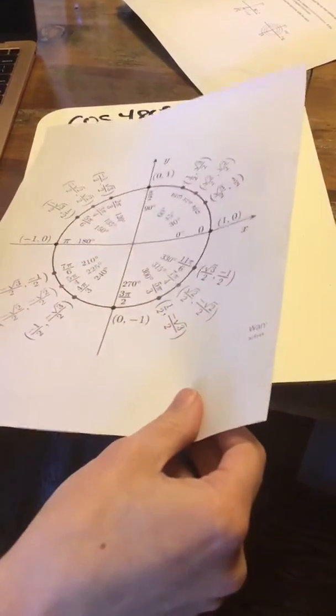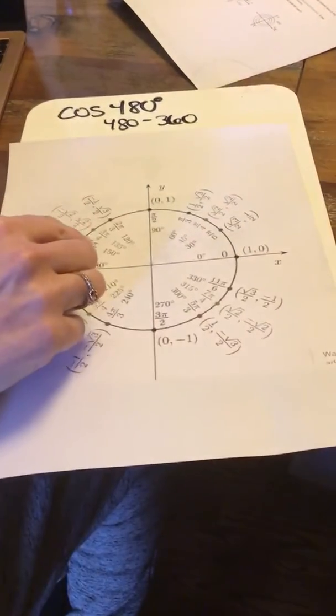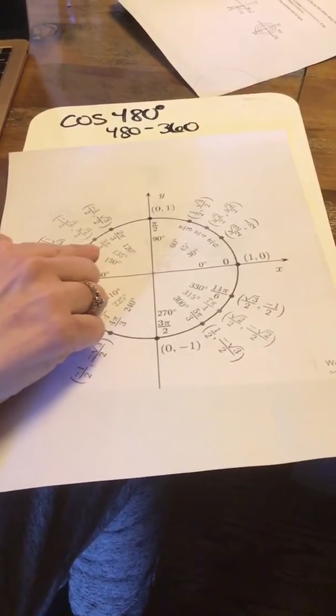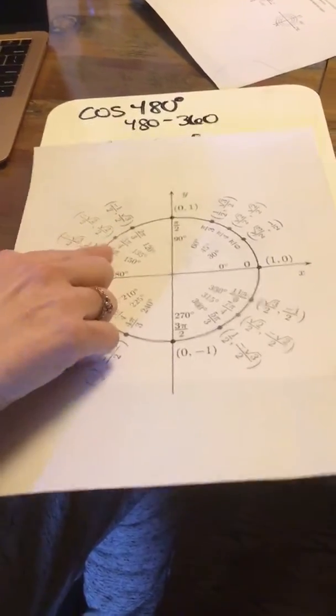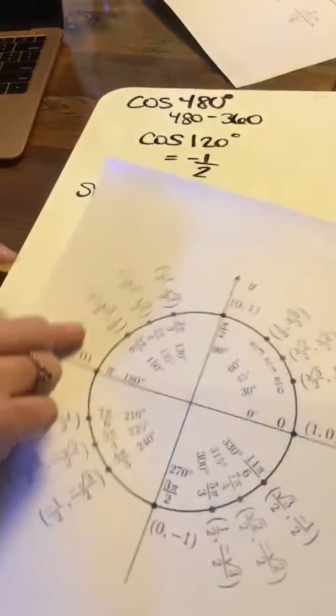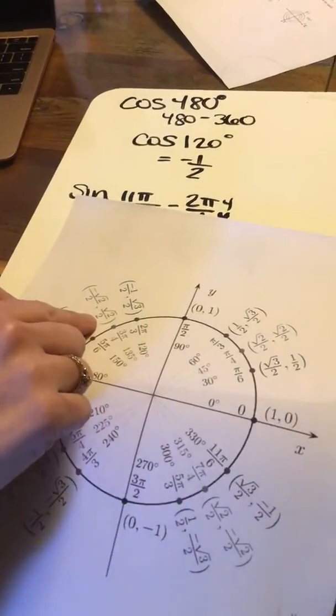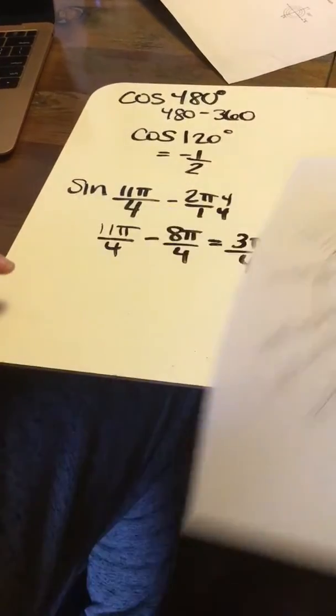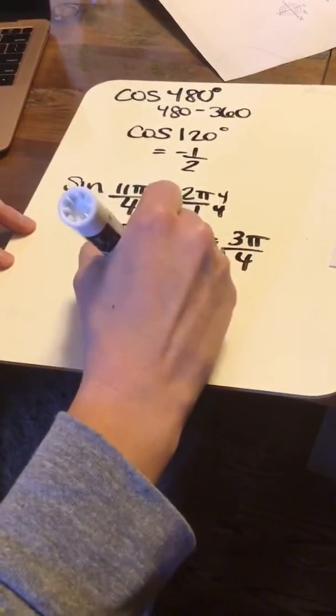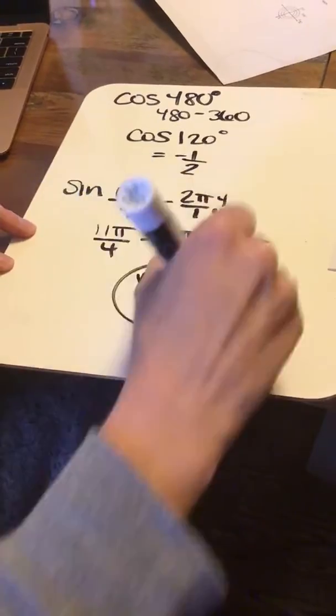I look for my 3 pi over 4 right here. Okay, so there's 3 pi over 4, and this time I had sine, so I want the y for 3 pi over 4, which is root 2 over 2. So my answer here is root 2 over 2. That's my exact answer.